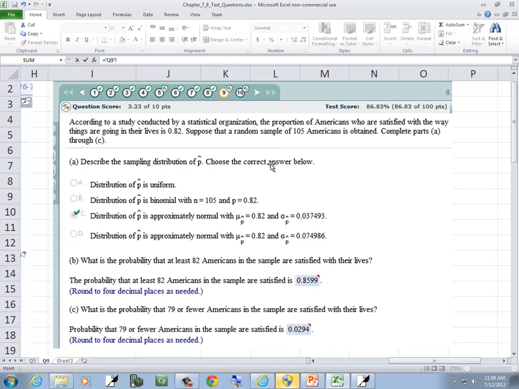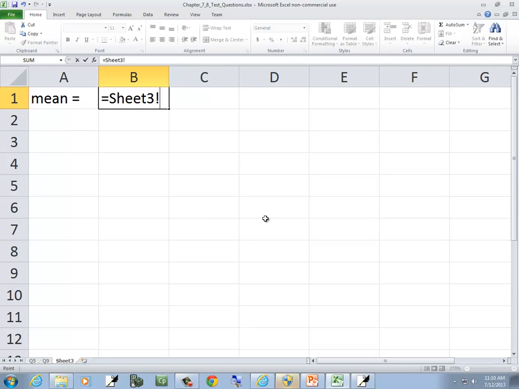Well, p in this problem, the proportion satisfied, is obtained... Actually, you already calculated these. I guess I should look to part A. But anyway, P is 0.82. So I'll put in equals 0.82.